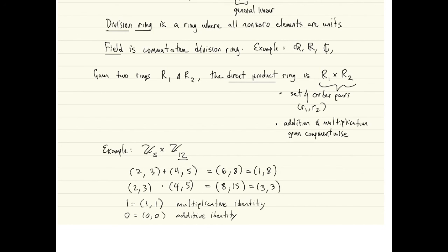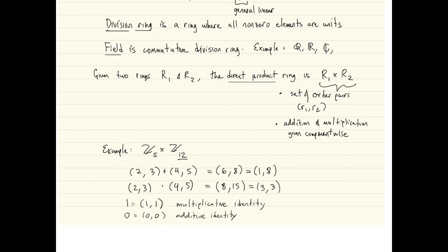As an example, the product ring Z5 cross Z12: if I take one element whose components are 2, 3, and another element whose components are 4, 5, and I add them, I add component-wise, so 6 and 8, and 6 is the same as 1 in mod 5 land, so I get 1, 8.